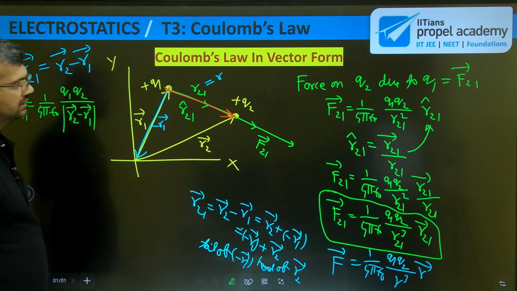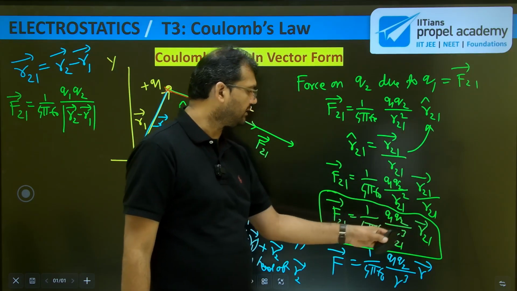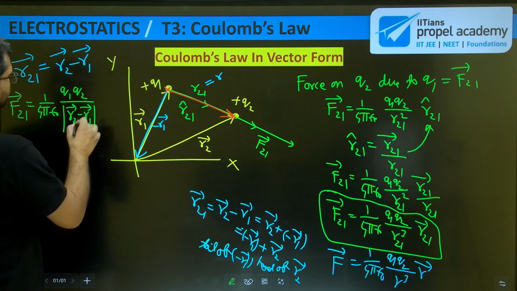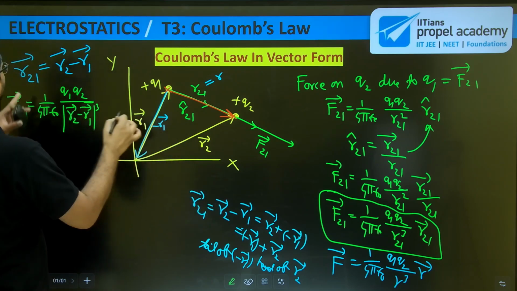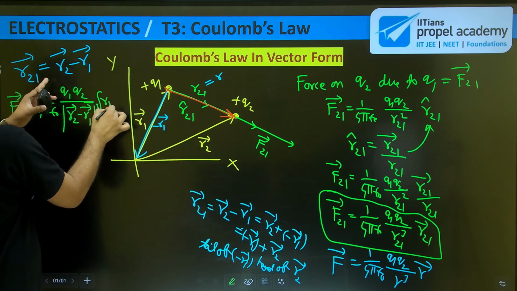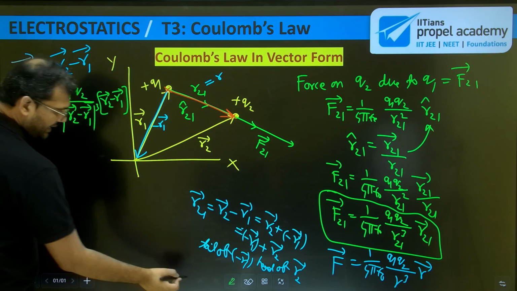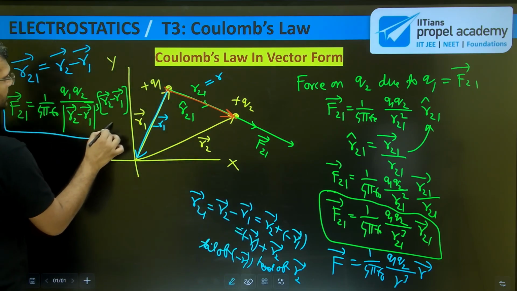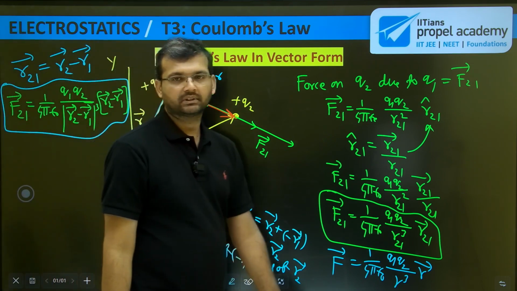Earlier I had the unit vector and later I converted it, so of course this magnitude is cubed, followed by R21 bar, which means R2 bar minus R1 bar. So like this we write it in terms of vectors.